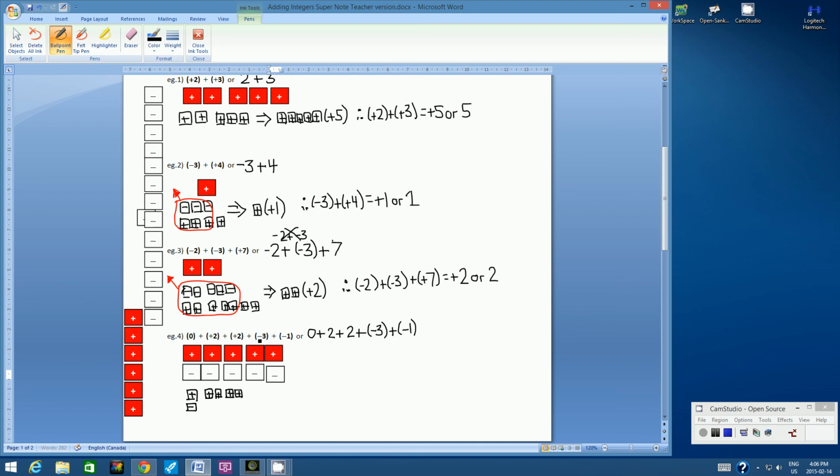The third integer is -3. So 1, 2, 3 negatives. And then the last integer is -1. Right there. Okay, so then we stop. We've done combining and building all of our integer tiles.